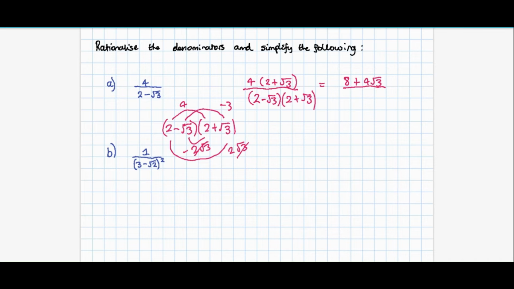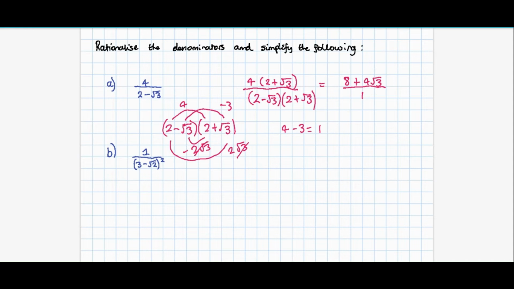So we don't even need to really put that out there. So we've got here then 4 minus 3, which equals 1. So the answer is going to be 8 plus 4 root 3 over 1. And that's it. As you see, we've rationalised the denominator now because the denominator is not containing a surd.